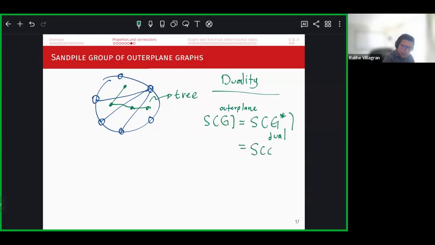So it turns out that the sandpile group of an outerplane graph is isomorphic to the sandpile group of a given tree. Or sometimes that tree can have multiple edges, but that still works.